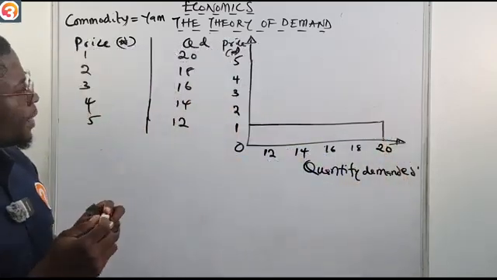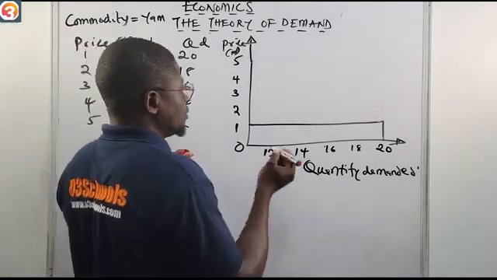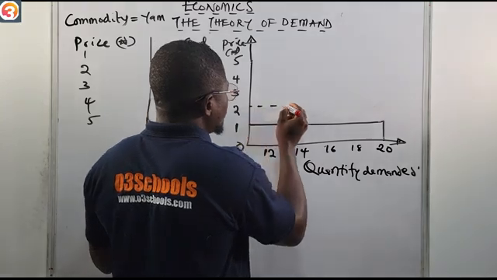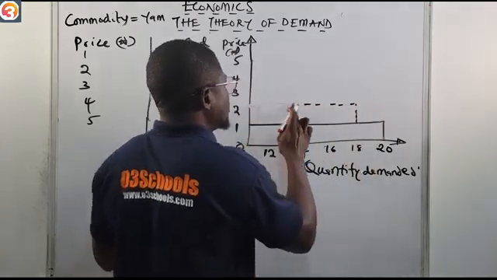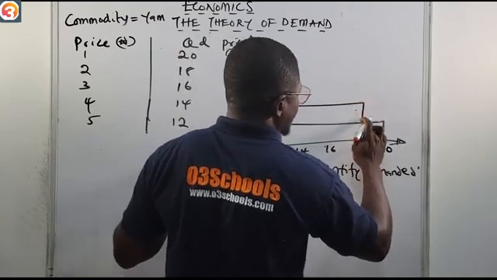Let us proceed. When the price was 2 naira, 18 units were demanded. Just draw like this.